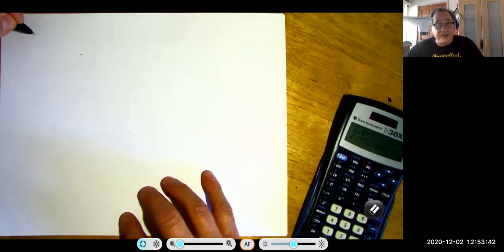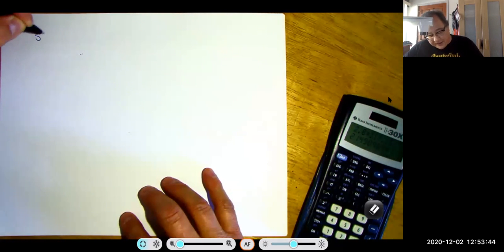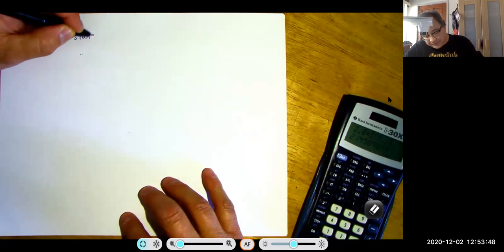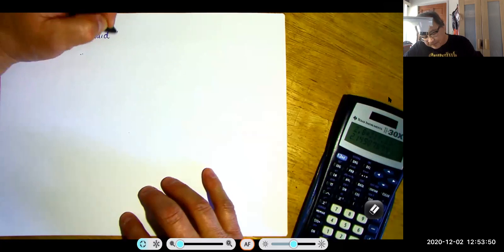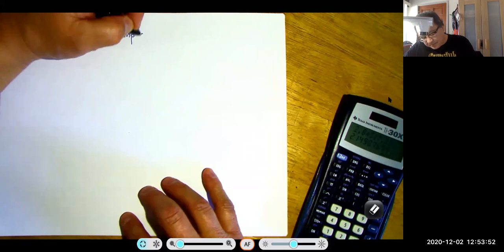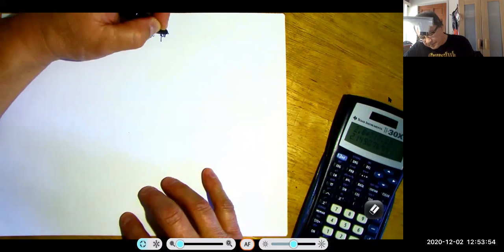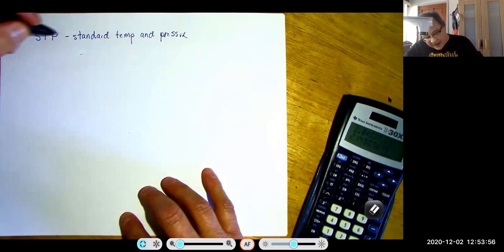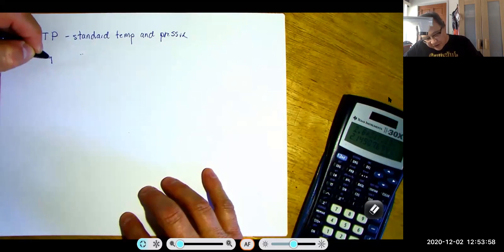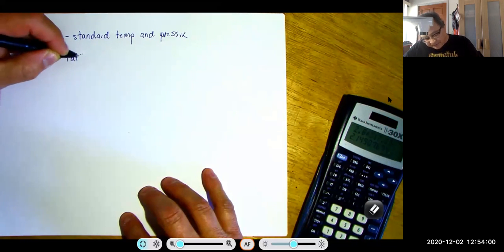Something else I want to teach you, STP. This stands for standard temp and pressure. And the pressure is 1 atmosphere.